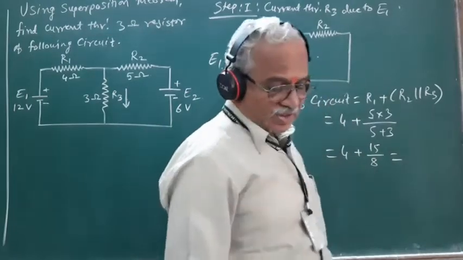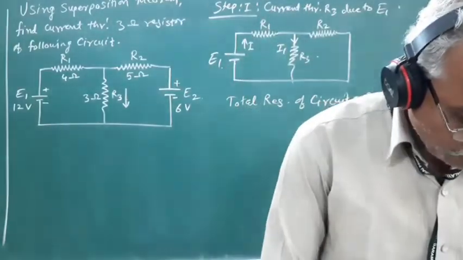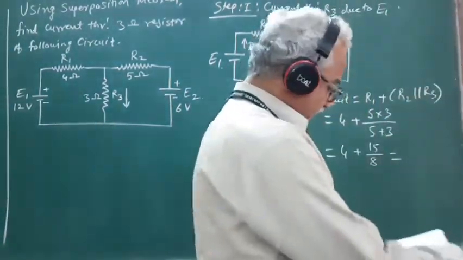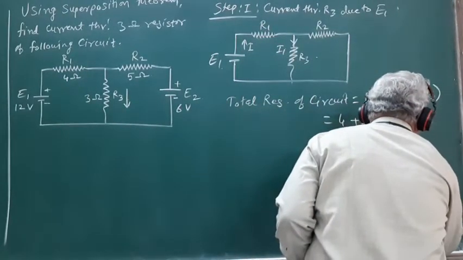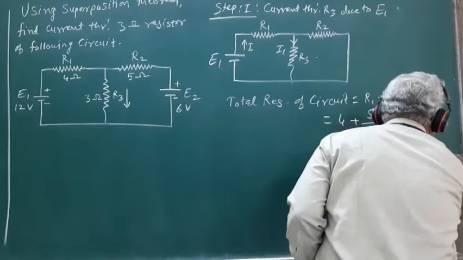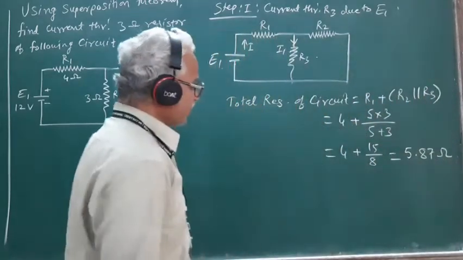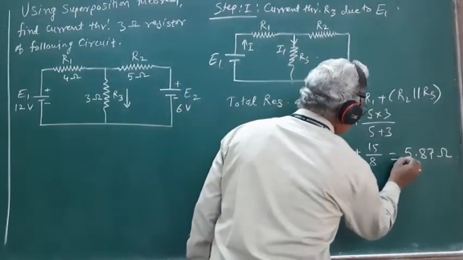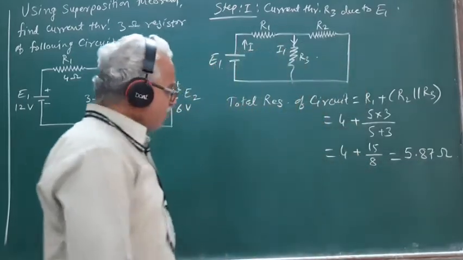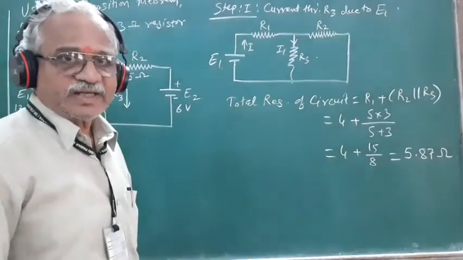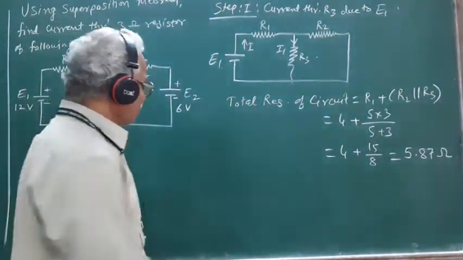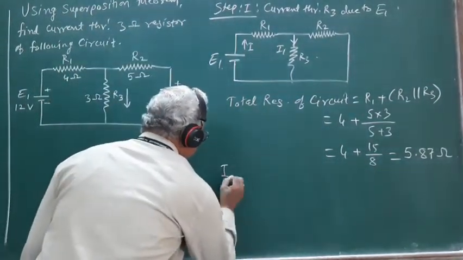So 4 plus 15 by 8 works out to be 5.87 ohm. The total resistance of the circuit works out to be equal to 5.87 ohm.